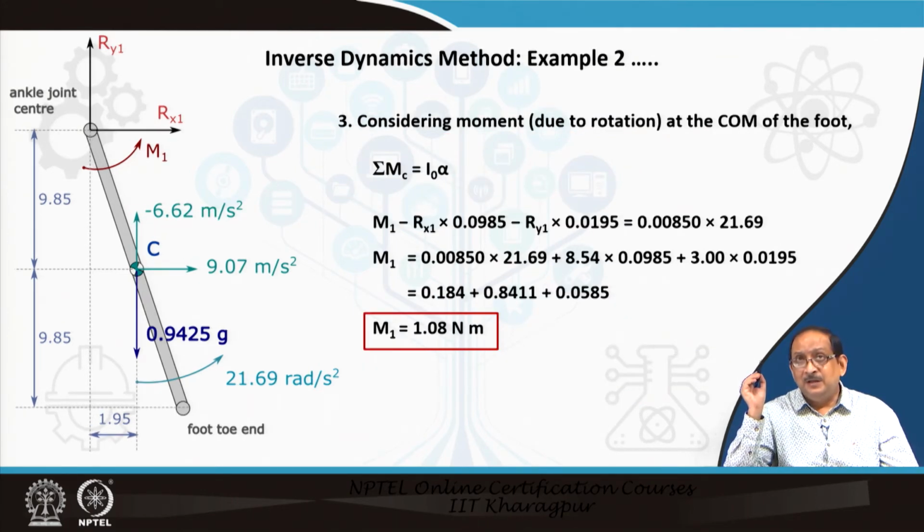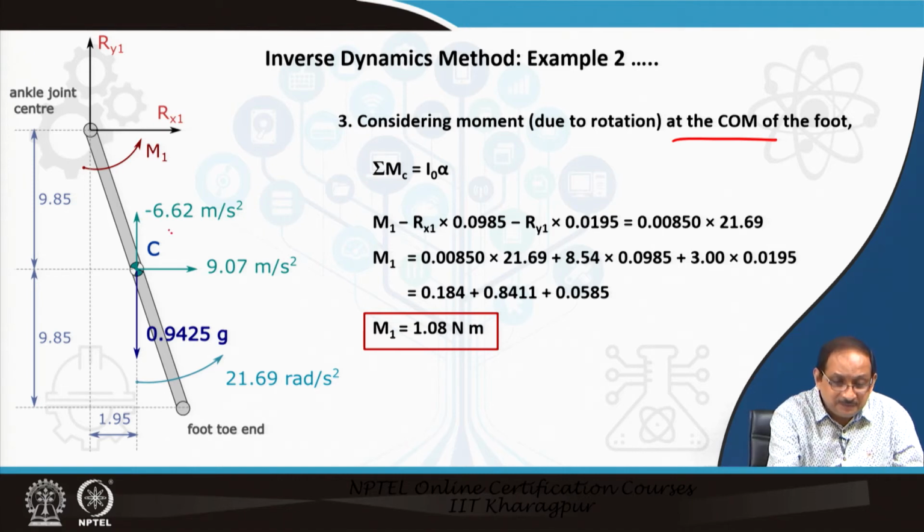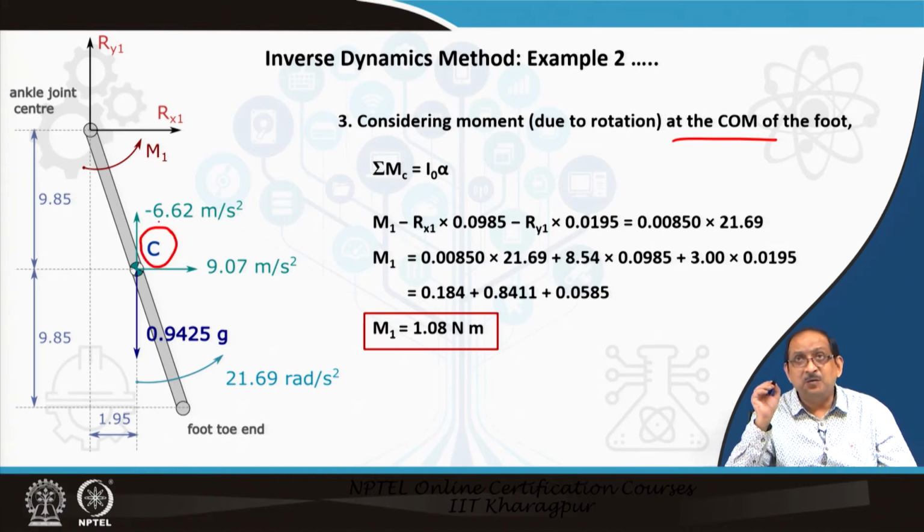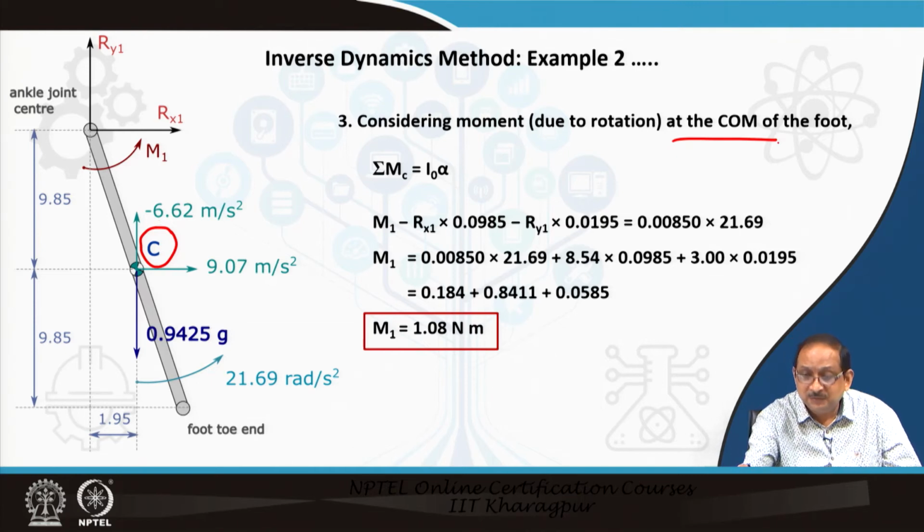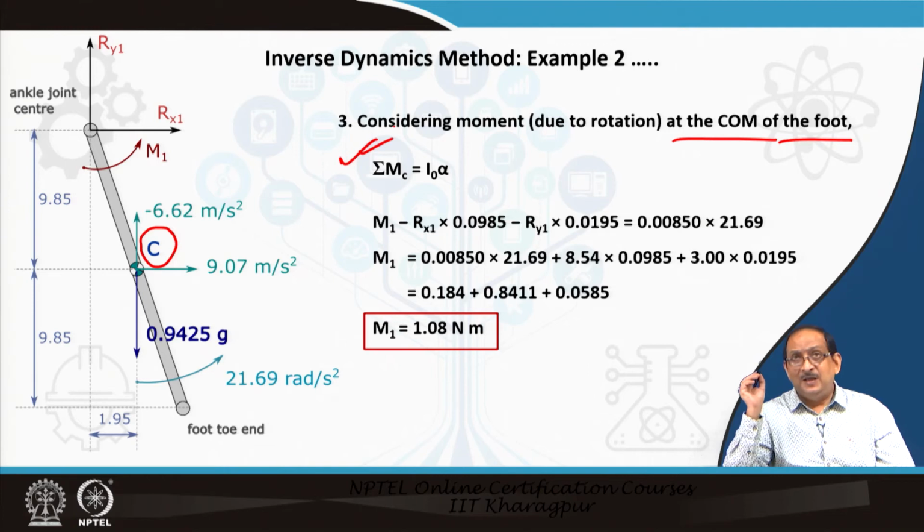Now, considering moment, this is rotation about a joint center at the center of mass. So, we are taking moment about the center of mass of the foot. Summation of Mc is equal to I alpha.